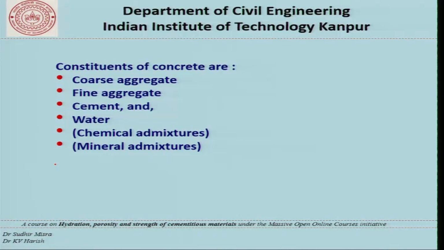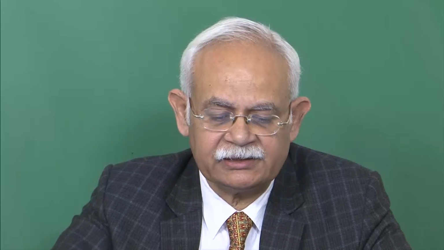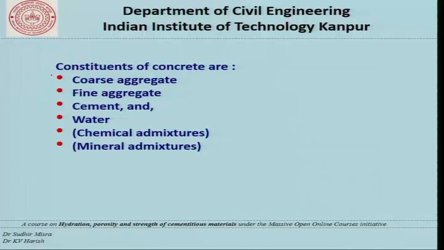Now, the constituents of concrete are coarse aggregate, fine aggregate, cement and water, and then we have chemical admixtures and mineral admixtures. The chemical admixtures and mineral admixtures have been added in brackets because these four constituents are part of the old traditional concrete which we knew.